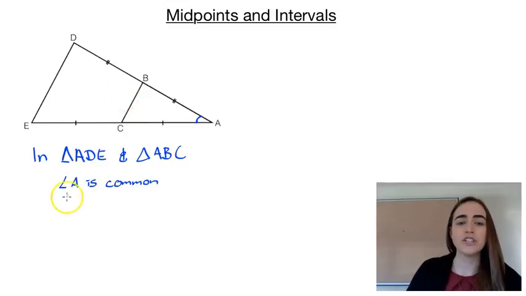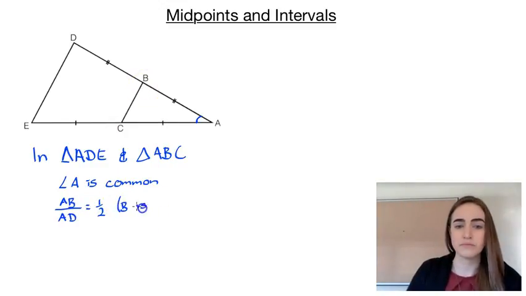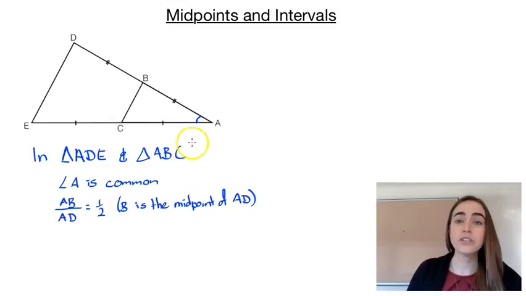So if we have a look at the ratio of those then, AB over AD would equal a half because B is the midpoint. If we do the same thing for this side along the bottom here, side AE, we know that AC is going to be half the length of AE. So AC over AE is going to be equal to a half.